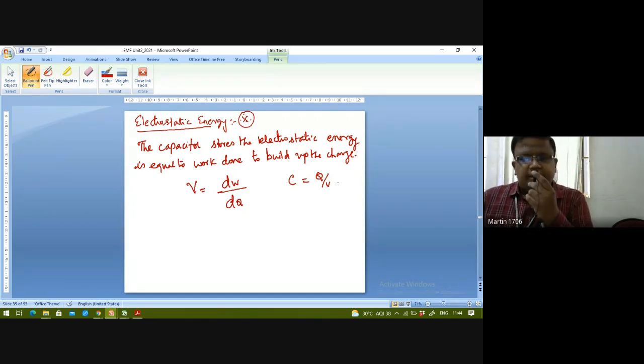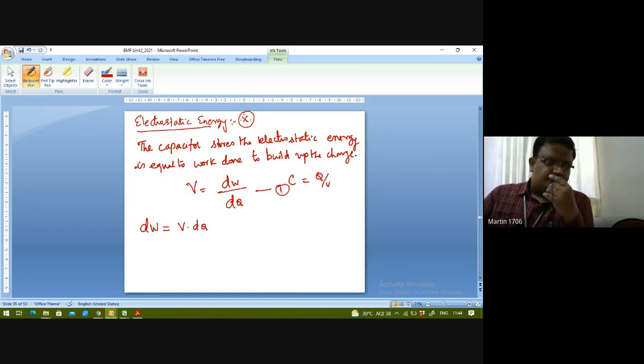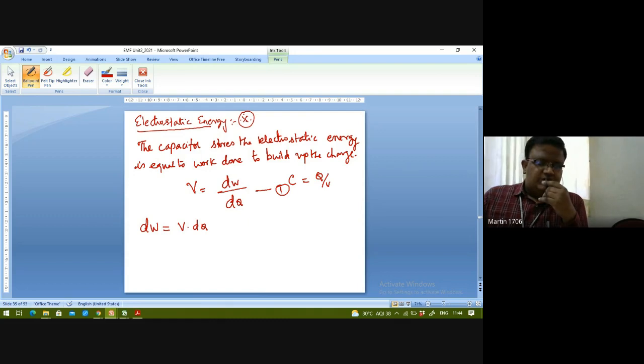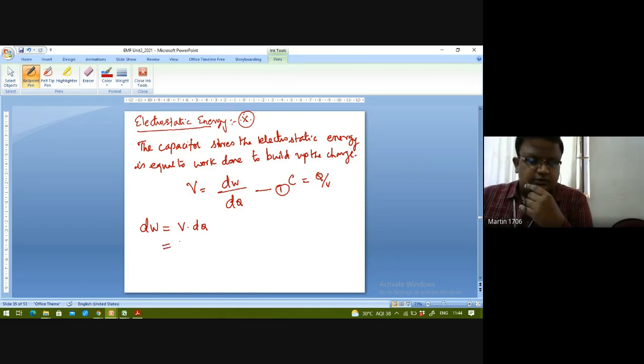Let me define what is meant by the work done. dW is the differential work done, given as V into dQ, equation 1. By using the capacitance definition equation, this becomes dW equal to Q by C into dQ.